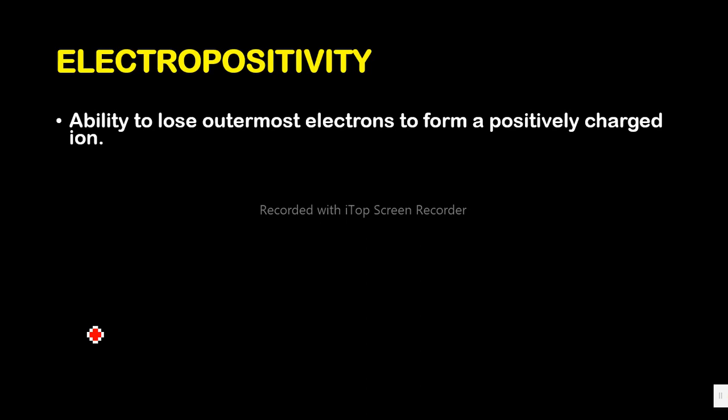And the higher the ease of losing electrons, the higher the electropositivity. So that's why you expect electropositivity to decrease across the period, and electronegativity to increase across the period. For example, the sodium ion in group 1 and the chloride ion in group 7: which one easily loses the electrons?